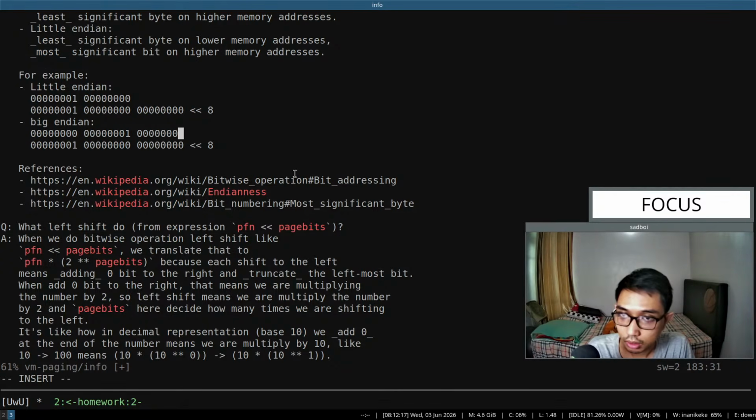I think adding something like this. Wait, is this 8? Okay. Adding that, pushing this.